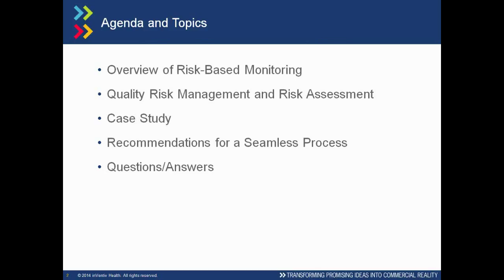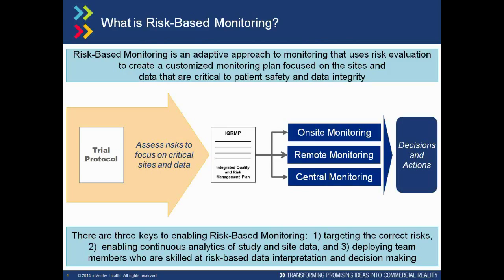And then lastly, deploying team members who are skilled at risk-based data interpretation and decision-making. Ultimately, having people interpret the data, make the correct decisions, and take the appropriate actions in the life cycle of your clinical trial.